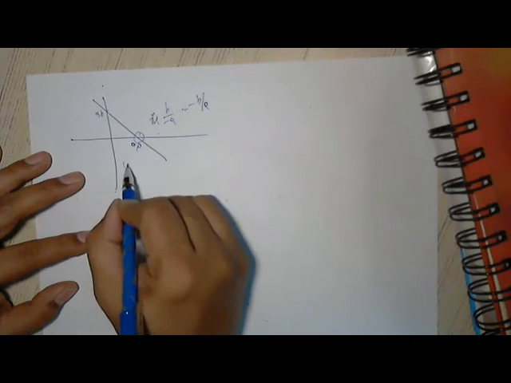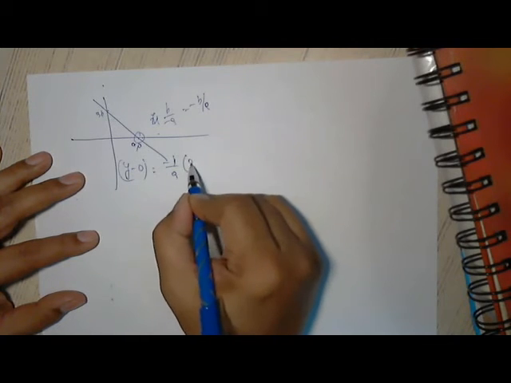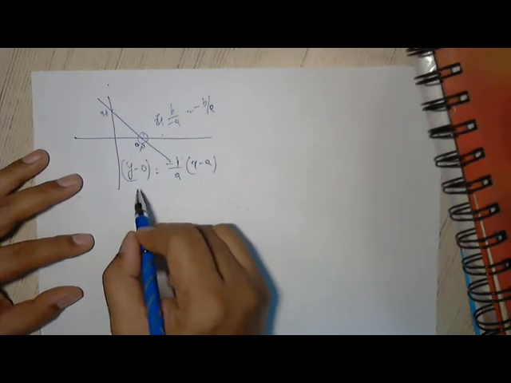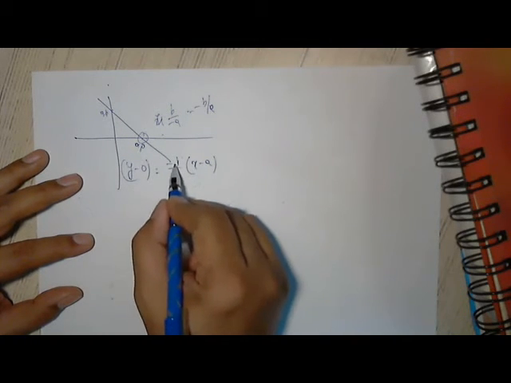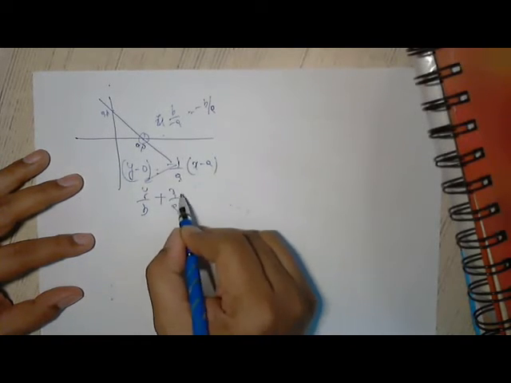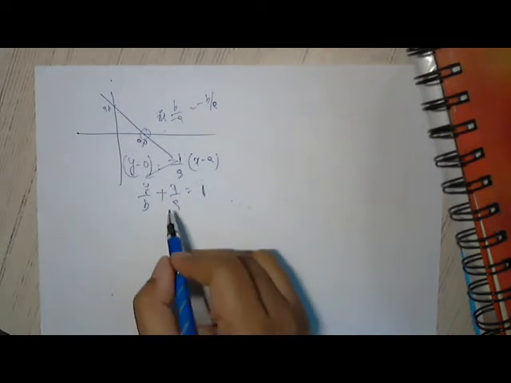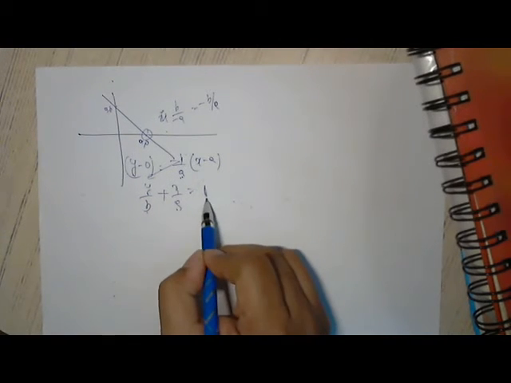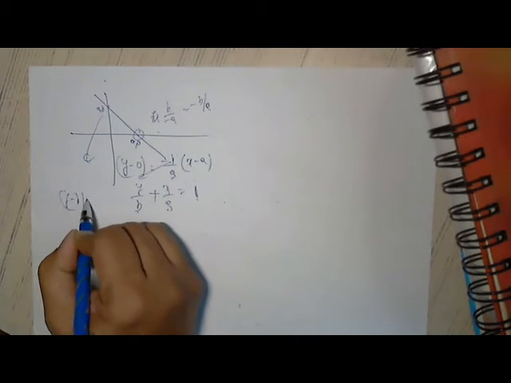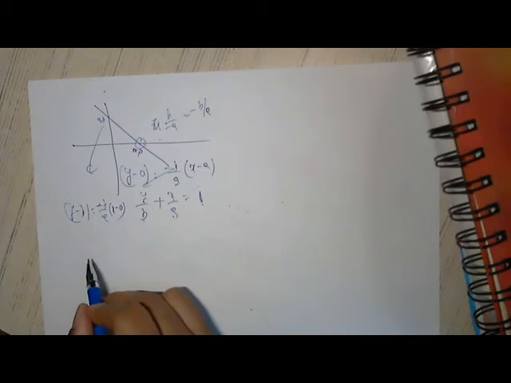So I take this point, y minus y1 is equal to m into x minus x1.